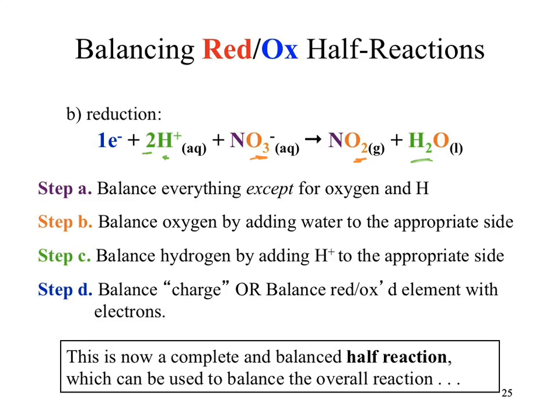There are two ways to approach this. One is balancing the charge on the totals on both sides of the reaction. When we look at it, what's the charge on our reactant side? +1. Why +1? What happens on our product side?